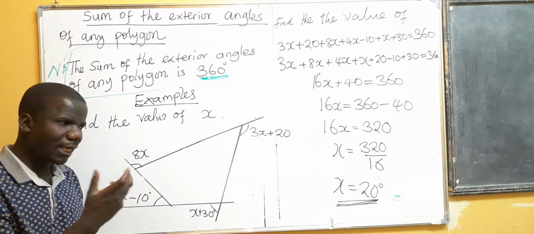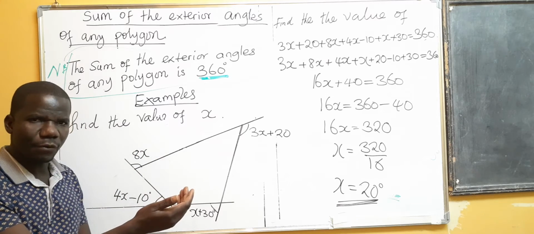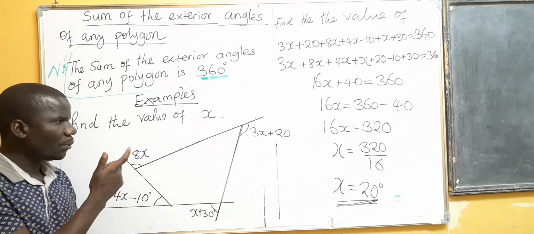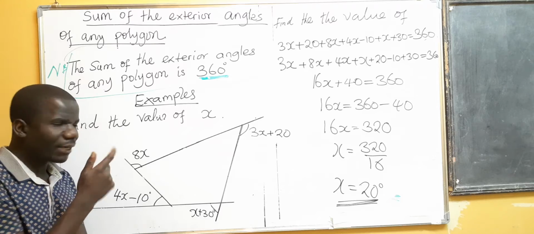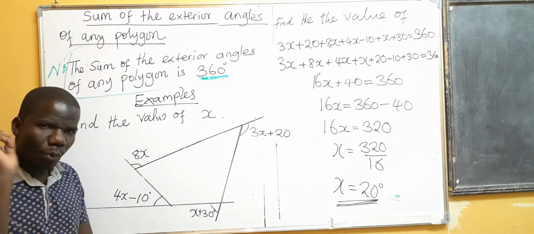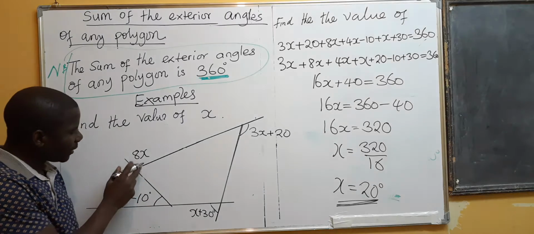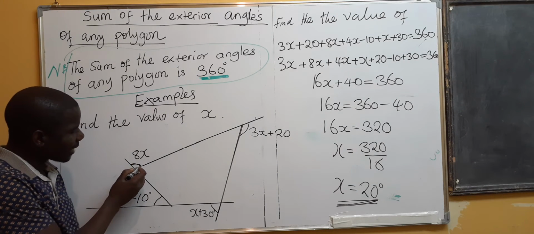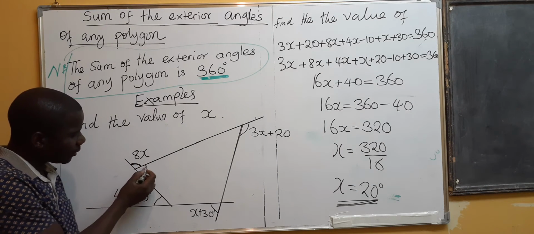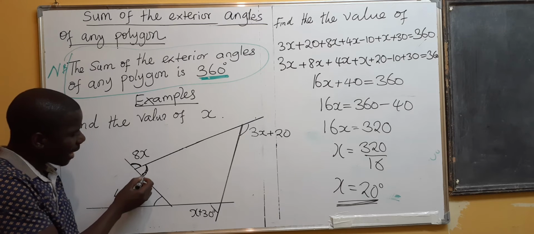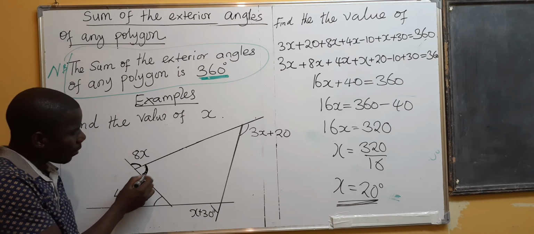Just like I've mentioned, now I'm preparing you for lesson 4. Okay, so one thing that I wanted to mention is that this is an exterior angle here, isn't it? Then what is this one? This is an interior angle.